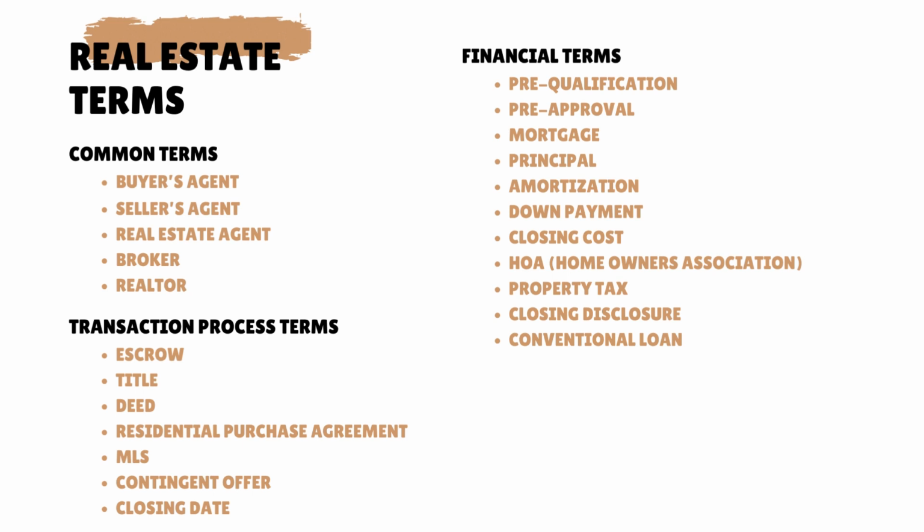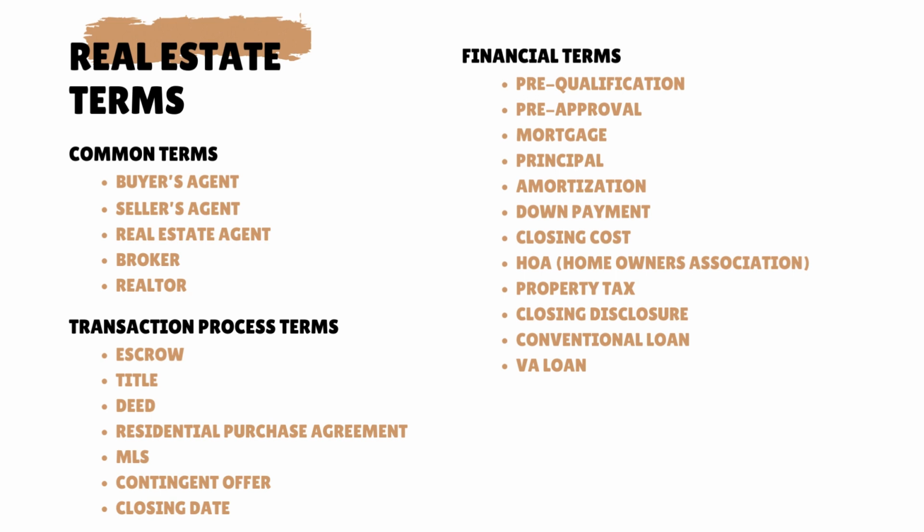Ngayon, let's talk about different type of loans. Conventional loan is your regular loan from the bank. Usually, the down payment for this is 20%, and usually they take 30-year payment terms. Yan yung conventional loan. The VA loan is a Veteran Associations loan.